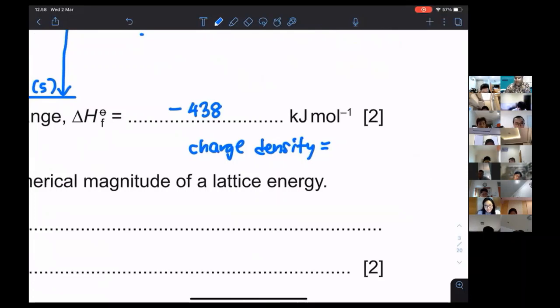Charge density is the product of the charges divided by the ionic radius, but the radius must be a sum, not times. That is not so important. What is important is you need to know it's charge divided by radius.